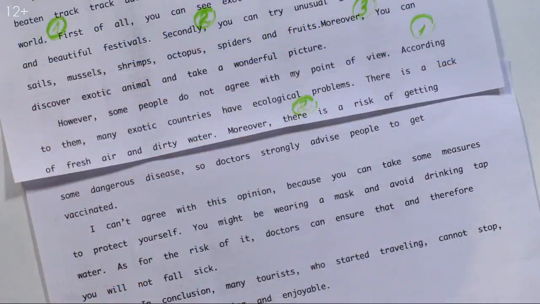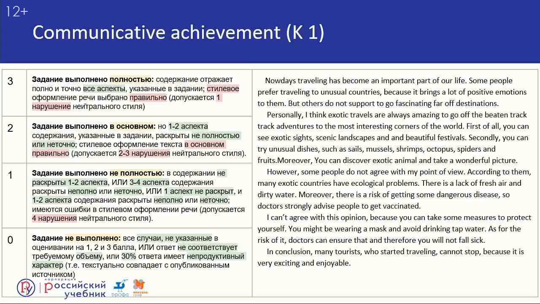So I think that if we have a look at the assessment criteria on my slide, we can see that it's definitely not band 3 and probably band 1 for now. This is one aspect of the task which is not fully covered, or band 1, one aspect of the task which is not covered.